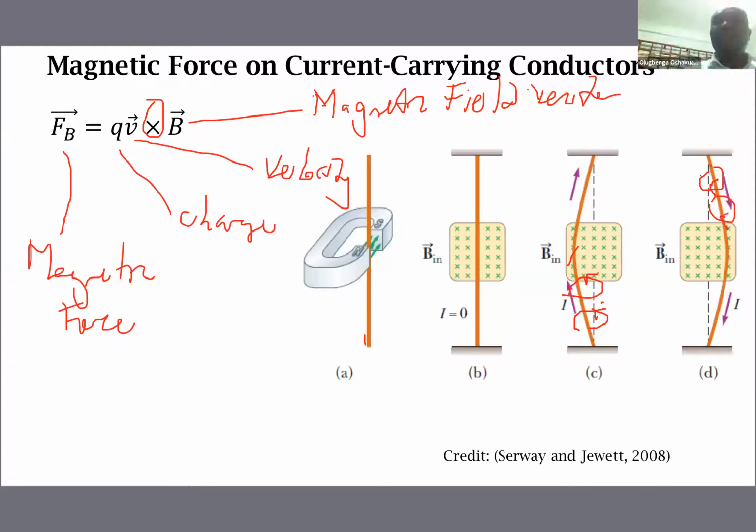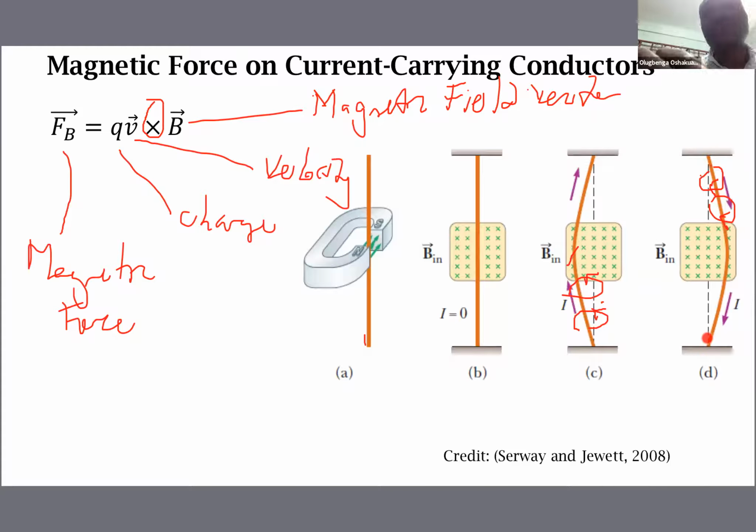And since magnetic field is a vector, we should not expect the direction of magnetic force in C and D to be the same. Because the current is flowing in opposite directions, the direction of the magnetic force will be opposite.